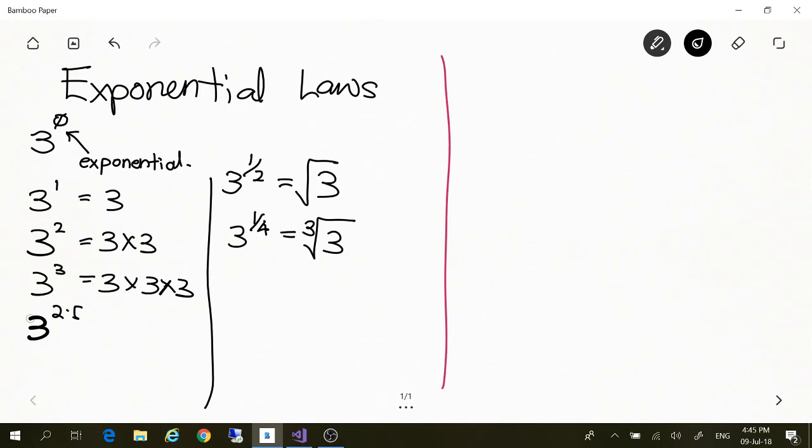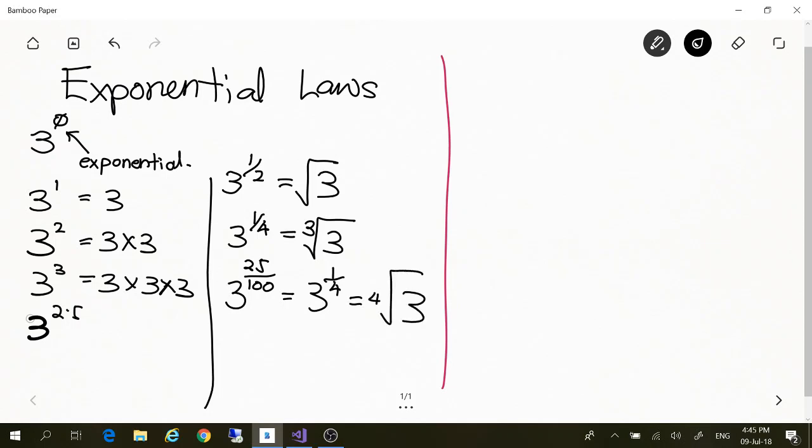So if we have 3 to the power of 2.5, all we need to do is 3 to the power of 25 over 100, and simplifying this is 3 to the power of 1 quarter, which is equal to the 4th root of 3. So this is basically the understanding of exponentials.